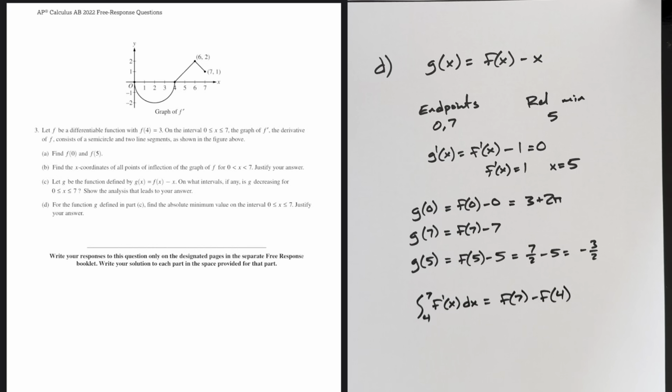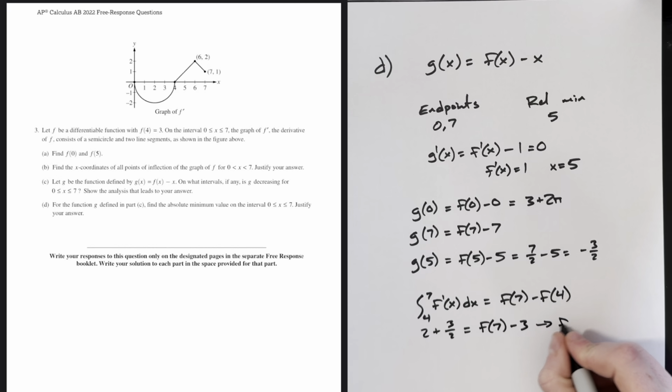This area, we have that first triangle. If we were to split it up, it'd be 2 times 2 divided by 2, which is just 2, plus the area of that trapezoid that we get over the interval from 6 to 7. It has bases of 1 and 2, a height of 1, so its area is 3 halves. And that is going to be equal to this f of 7, which we do not know yet, minus f of 4, which they tell us is equal to 3, right?